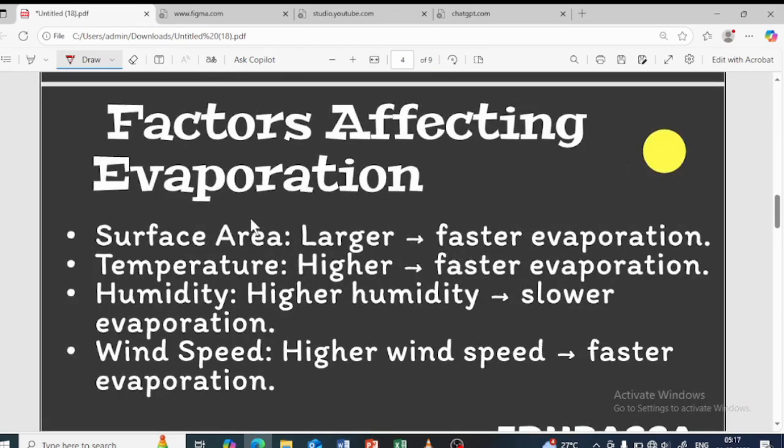So the next is factors affecting evaporation. Which are the factors which affect the evaporation? When the surface area is more, the evaporation is more. How exactly?